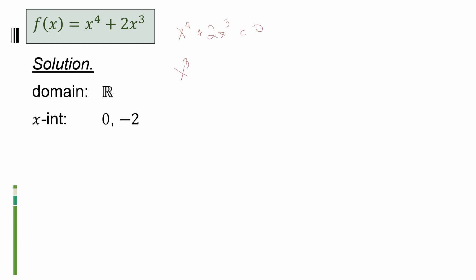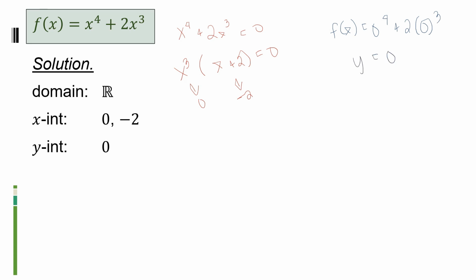So we have x cubed times x plus 2 equals 0. So dito nanggaling yung 0 at dito nanggaling yung negative 2. Our y-intercept is 0. Okay, yan naman by letting f of x equals 0 raised to 4 plus 2 times 0 cubed. So y is equal to 0.